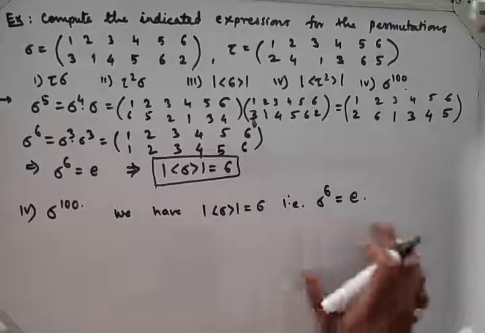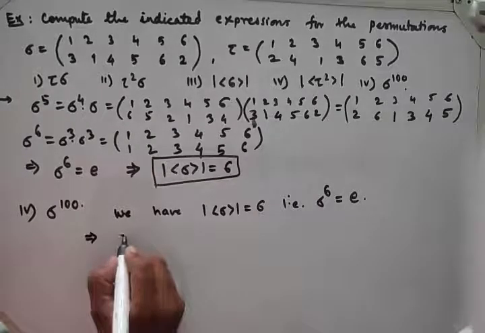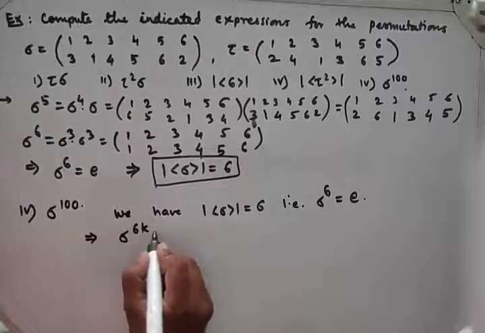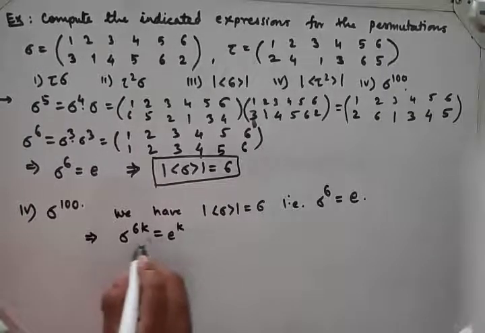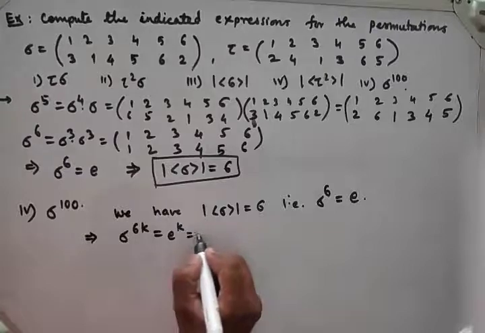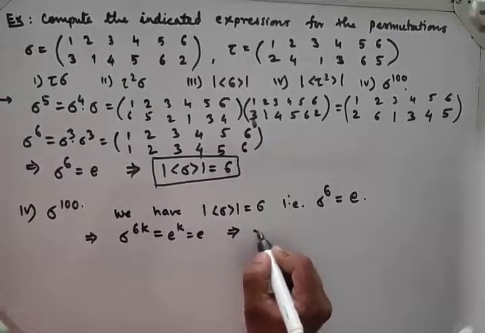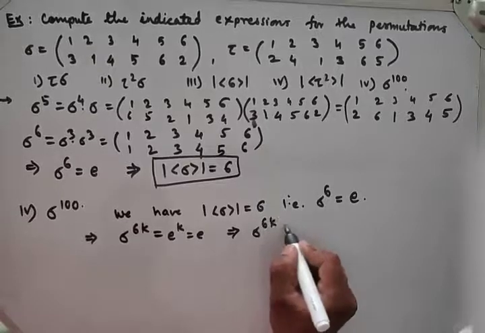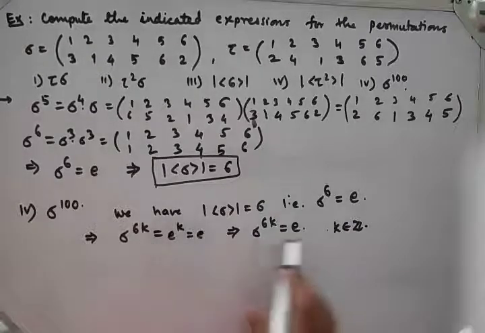If I take any power k, then what will we get? That implies sigma raised to 6k is identity raised to k, which is again identity. So sigma raised to 6k is equal to identity, where k belongs to the set of integers.